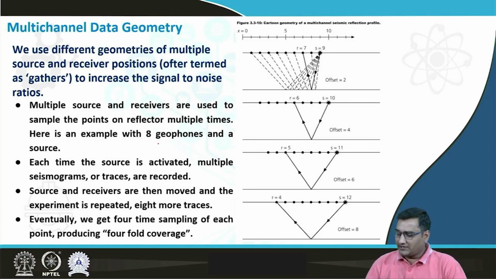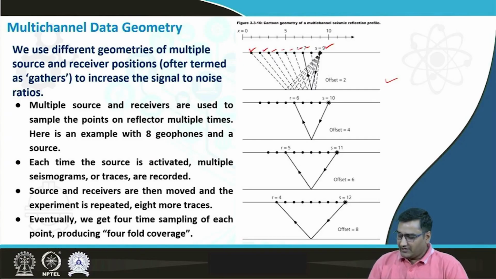If you look at this particular example depicted in this diagram, here you can see there are 8 receivers and a single source. So the source is over here, these are the receivers at different positions, and each time the source is moving rightward, one receiver spacing at a time.